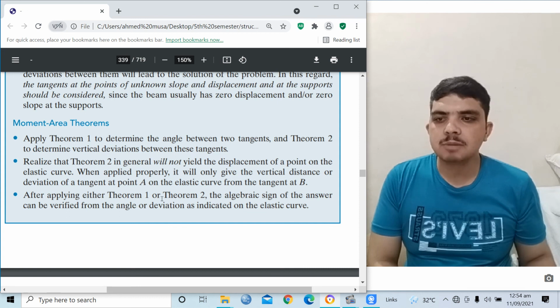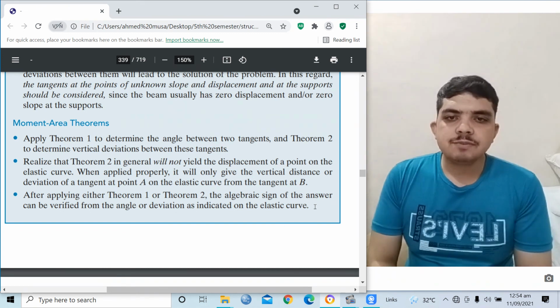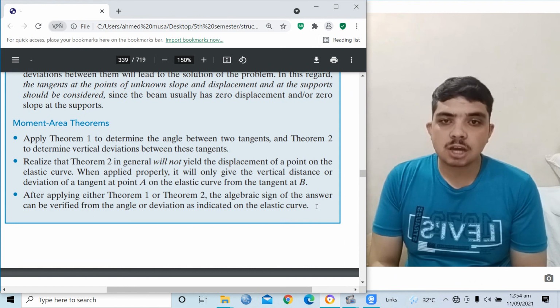After applying theorem number 1 or theorem number 2, the algebraic sign of the answer can be verified from the angle and deviation indicated on the elastic curve. For example, if the deviation answer comes negative, it means the deflection is downward.